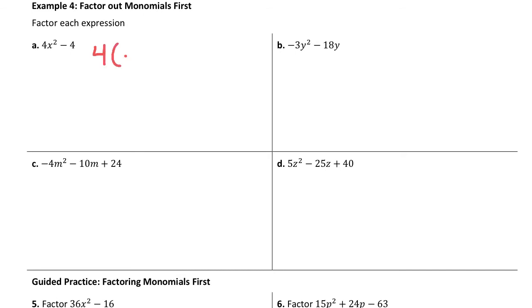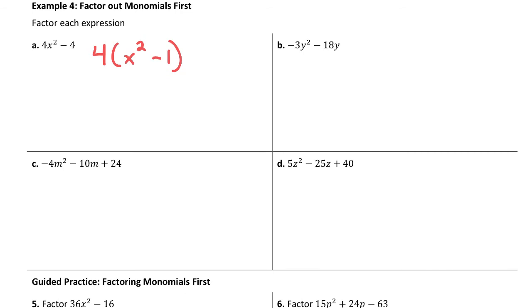If I factor out 4 from each term, I have 1x squared, or just x squared, minus 1. Factoring something out, you're pulling out that number and you're dividing each term by that number to factor it out. Because if I distribute 4 back through, it would be 4x squared minus 4.